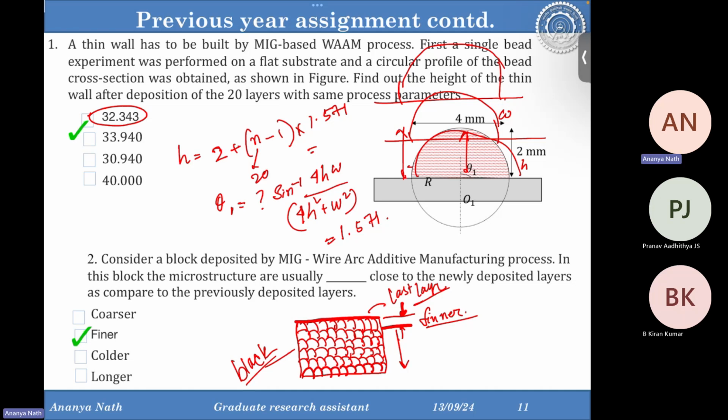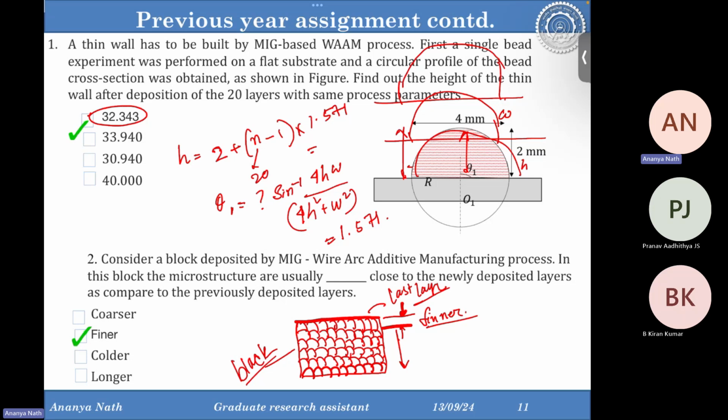Now, the most beautiful and important criterion of additive manufacturing is that it is a very fast process compared to casting. The deposition rate is very high compared to any other conventional manufacturing process.